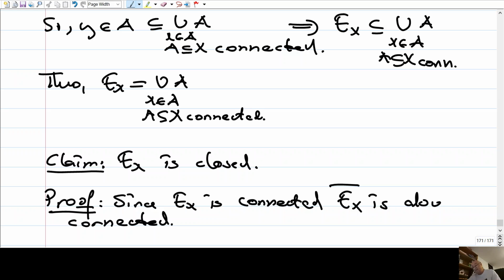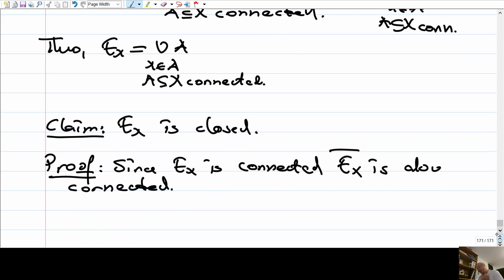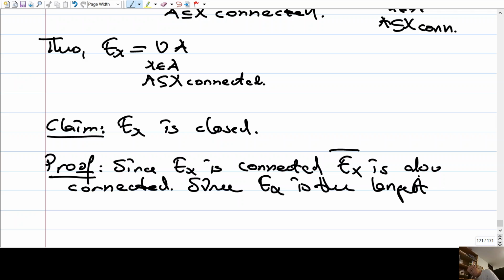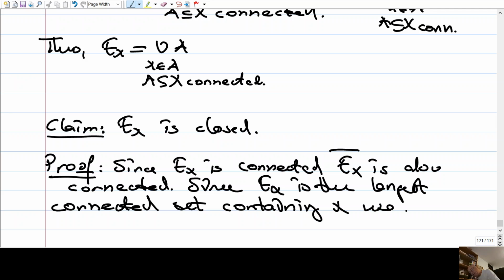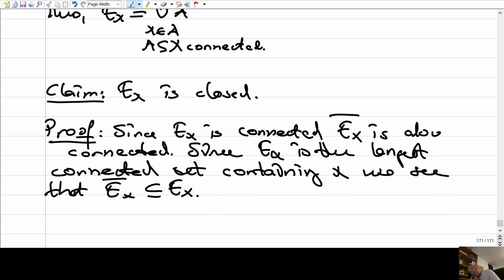But EX was the largest connected set containing X, so its closure, whatever that thing is, is connected and contains X, it must lie inside EX.